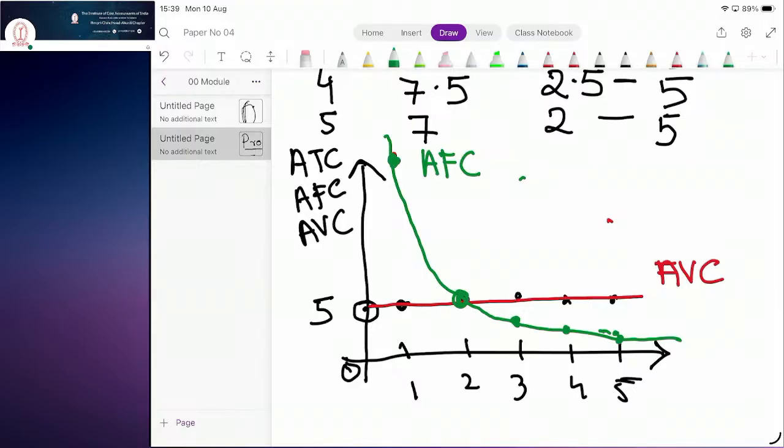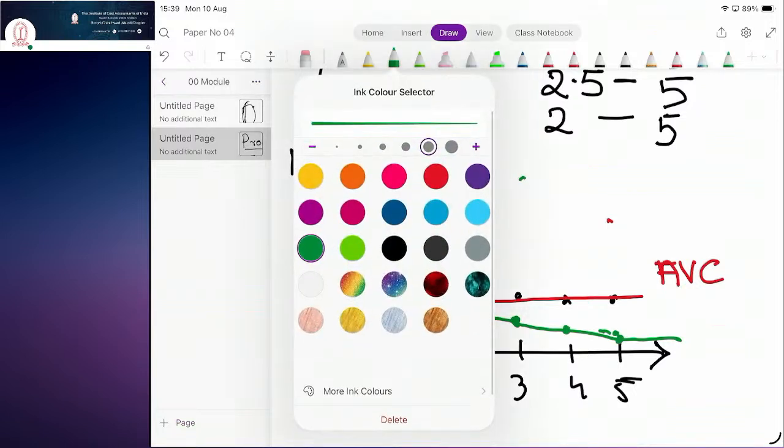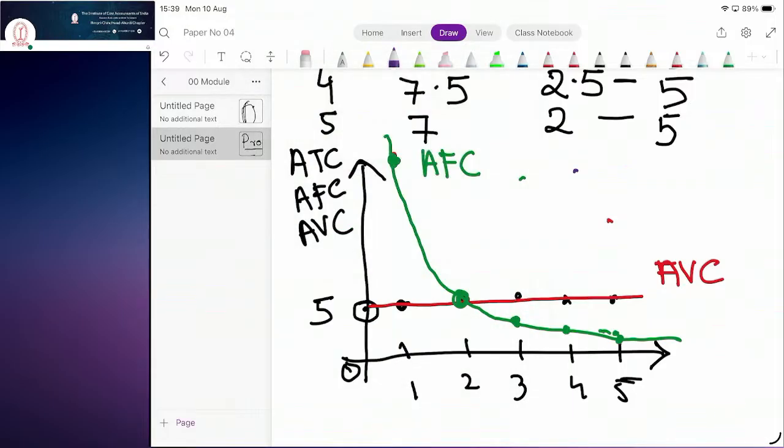And finally add AFC and AVC, you will get the ATC. So let me do that in purple. So this curve will be 10 plus 5. So it will come out something like this. This is your ATC.